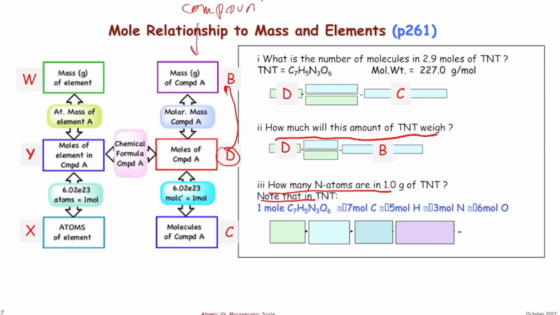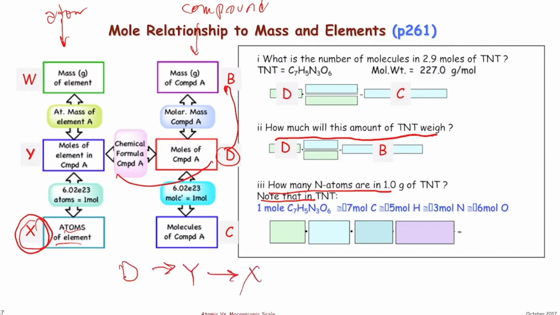But the question is asking atoms, that's this right here, and it wants to know how many nitrogen atoms. That's atoms of element. So in this particular step, we're going to have to go D to Y, Y to X. That's the path I need with these conversion factors to solve that problem.